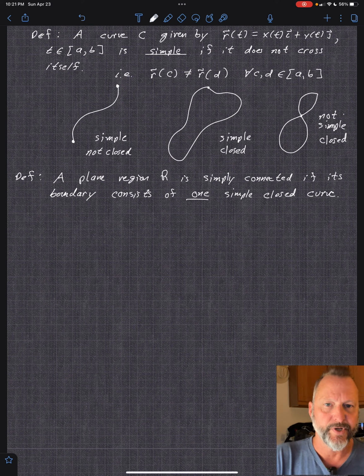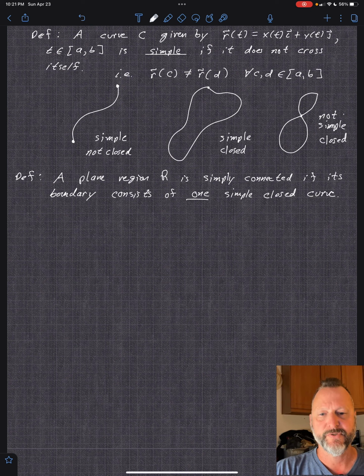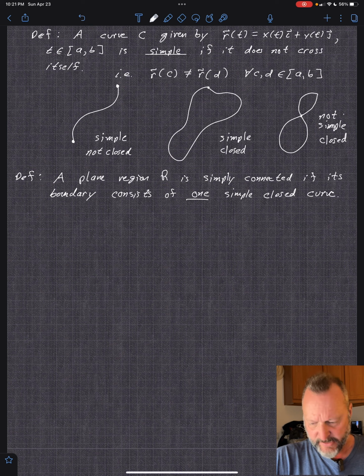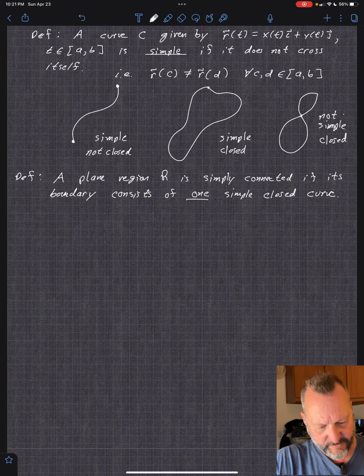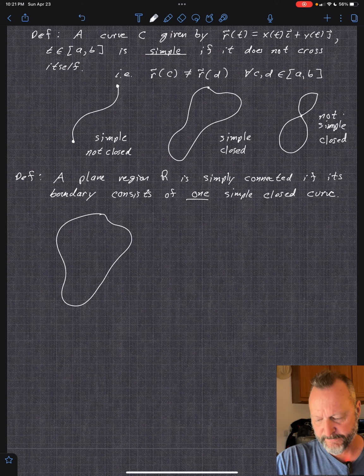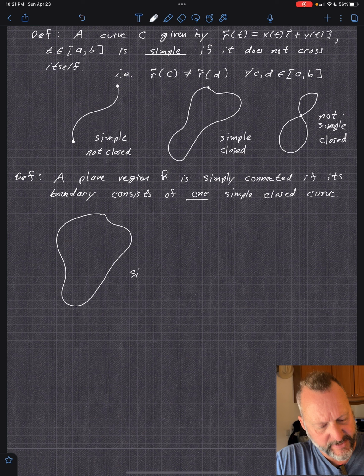So like the middle one above is really the one we're interested in. And so they'll look like this. We want a region, something like that. This is simply connected.